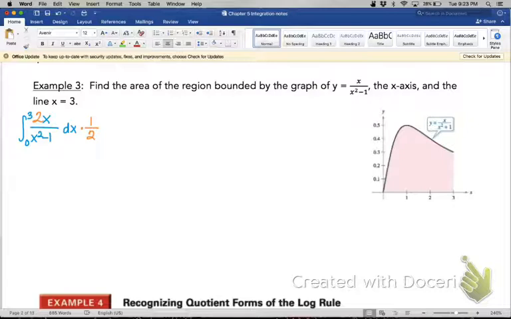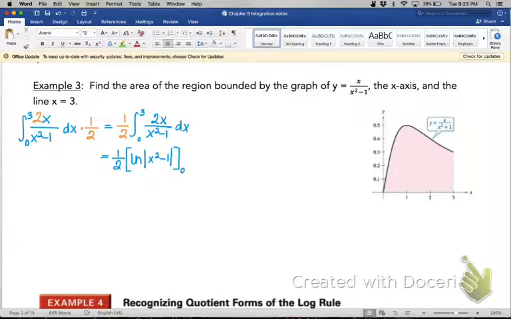When I do that, that allows us to bring the 1/2 out as a constant multiplier of our integral. And now we have the definite integral from 0 to 3 of 2x over x squared minus 1 dx. So now, since the numerator is the derivative of the denominator, we know that this is going to be 1/2 times the natural log of the absolute value of x squared minus 1.